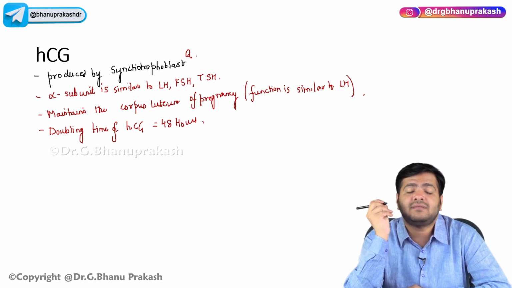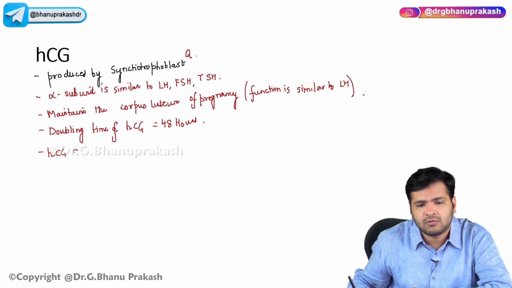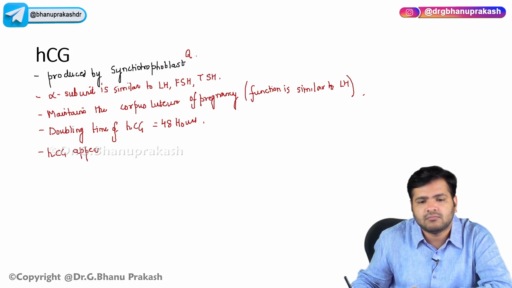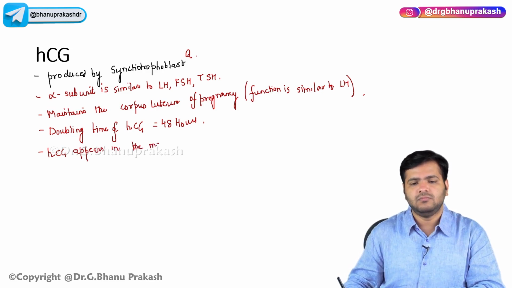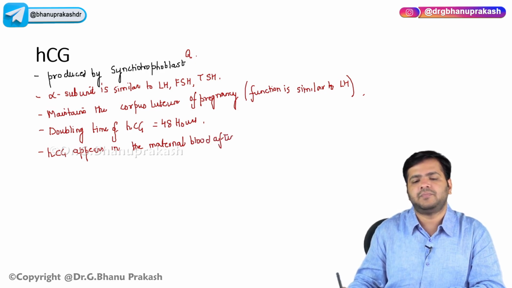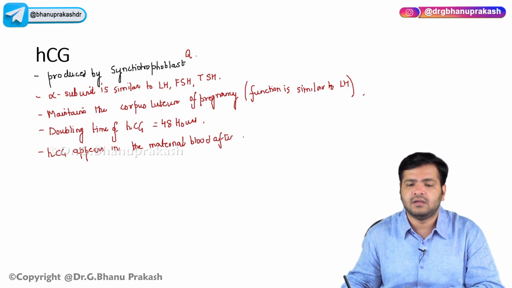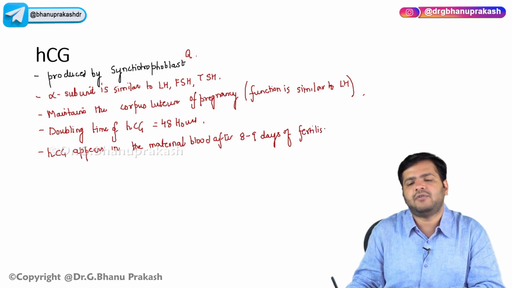This HCG basically appears in the maternal blood after 8 to 9 days of fertilization. So remember that HCG appears in the maternal blood after 8 to 9 days of fertilization.